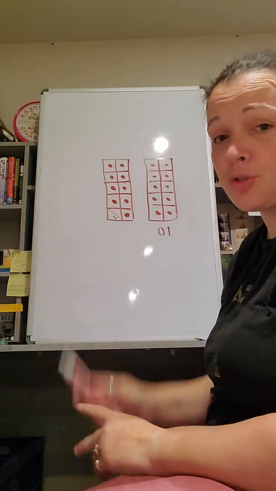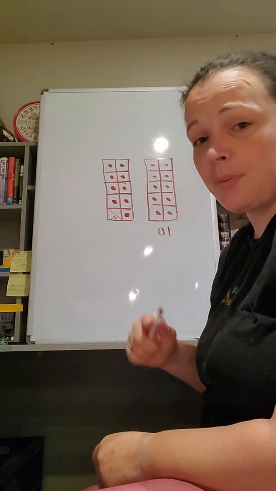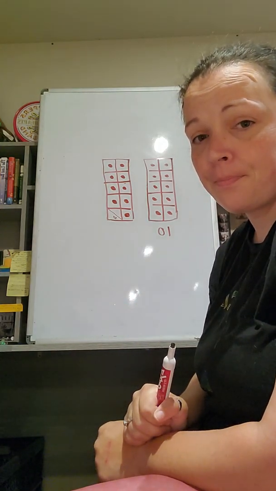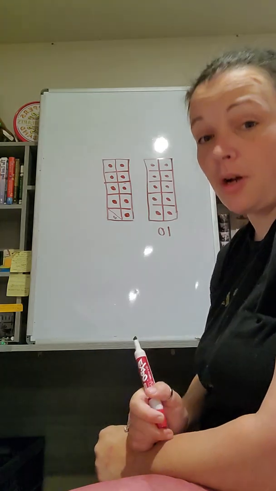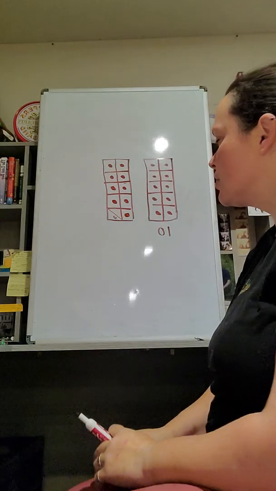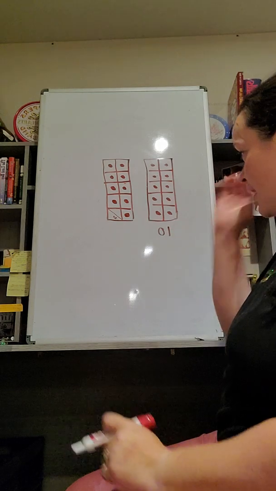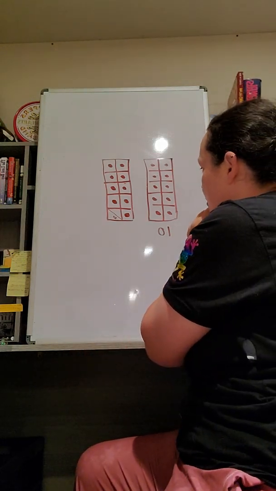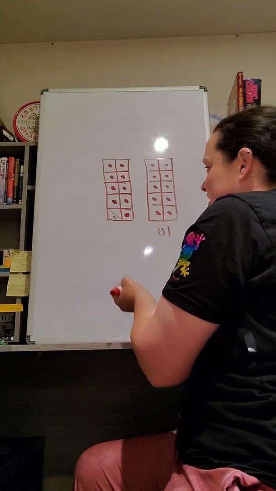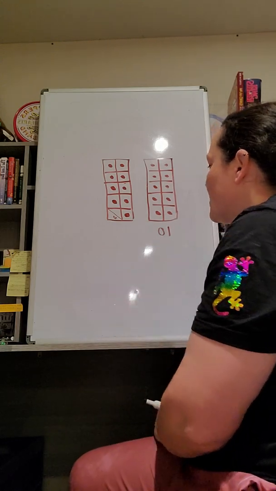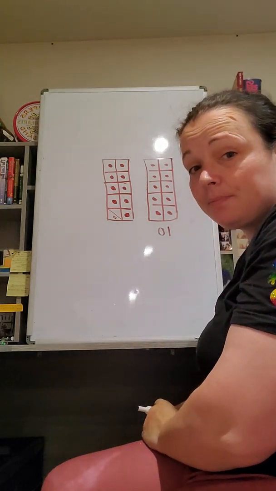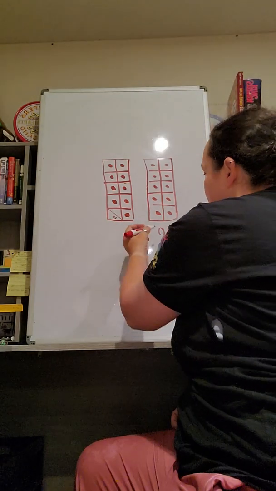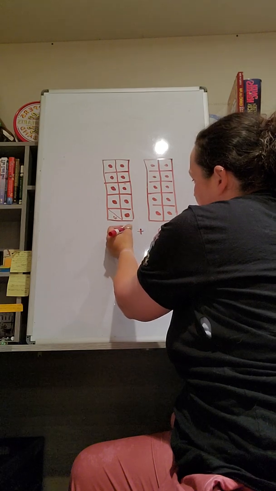Compose means to build. Decompose means to what? Does anybody know? It means to take apart, to break down. So in that instance, let's say that we want to make number 17. What plus 10 is 17? That's right. 10 plus 7.